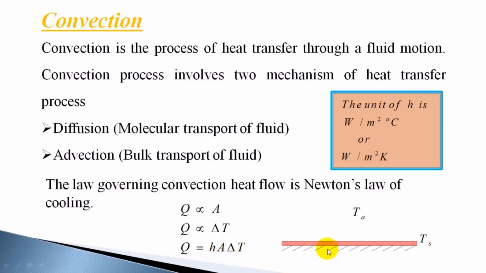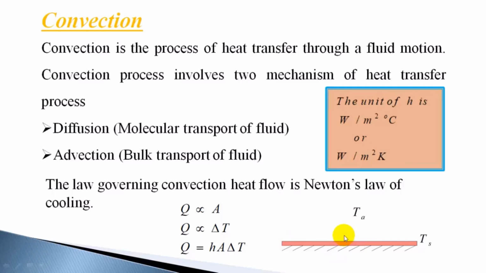That means when the surface area is unity, that is 1 meter square, and the temperature difference is 1 degree centigrade, then the rate of heat flow from the surface is equal to the heat transfer coefficient. The rate at which the heat is flowing from the surface will be equal to the heat transfer coefficient when area and temperature difference are unity.